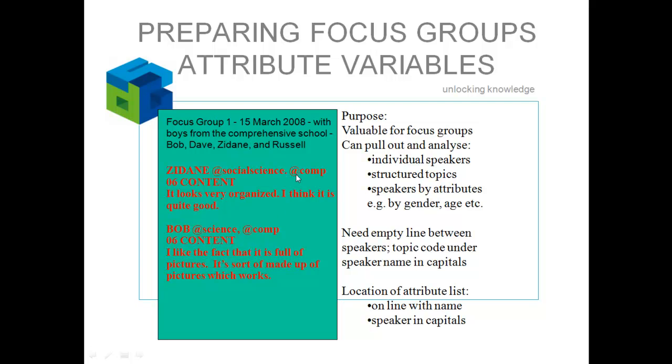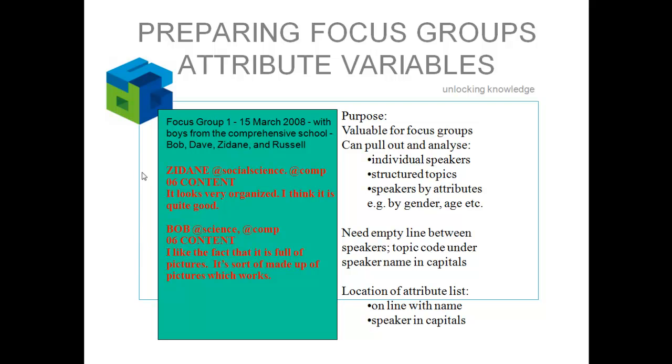The at symbol is just my own convention because words don't normally begin with at, and again, I would be using the auto-coding feature, for example, to search for all the @sciences and code all the content in the focus groups from students who are taking science A-levels to a code for science A-levels.